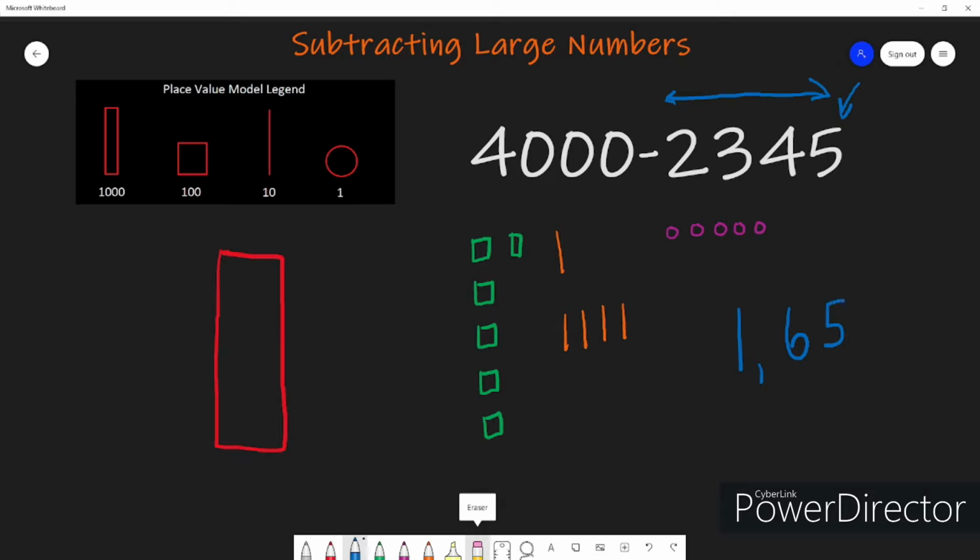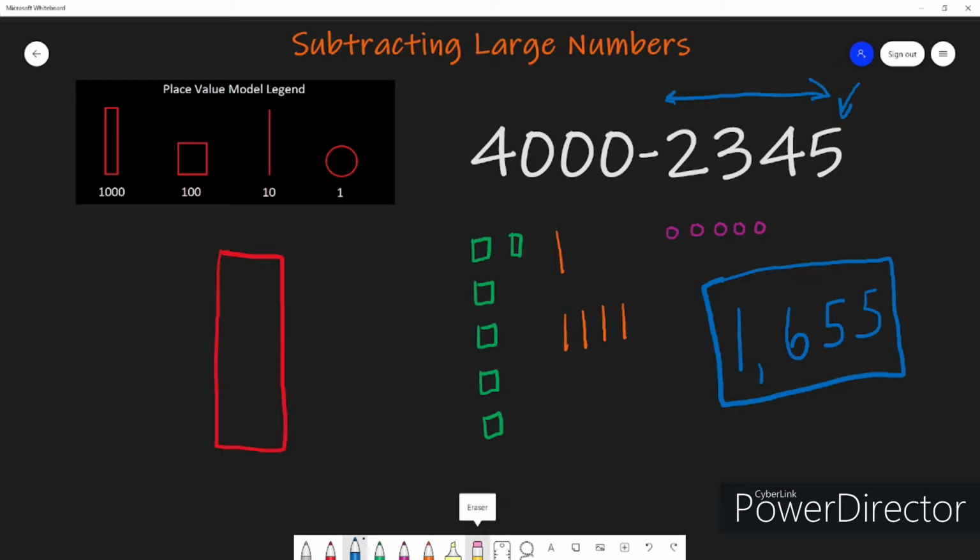And we wrap up with 1, 2, 3, 4, 5 ones, with our final answer being 1,655. And what we've shown picture-wise, with the place value model, is the idea of ungrouping or breaking down numbers so we're able to subtract.